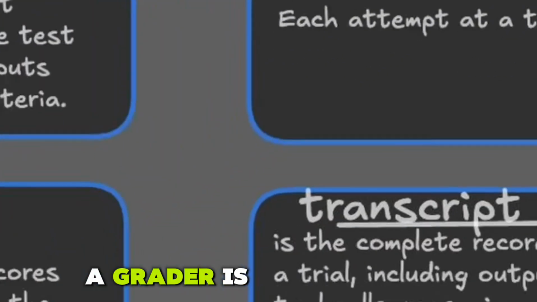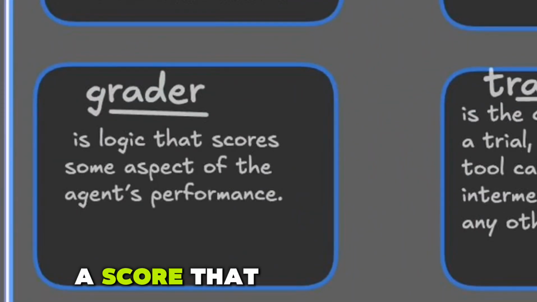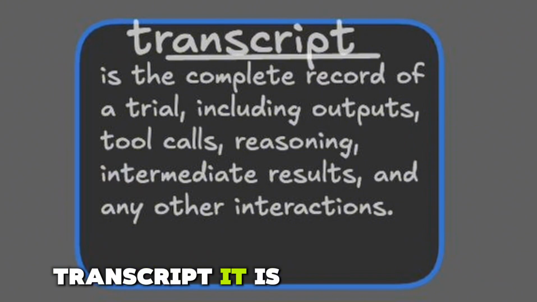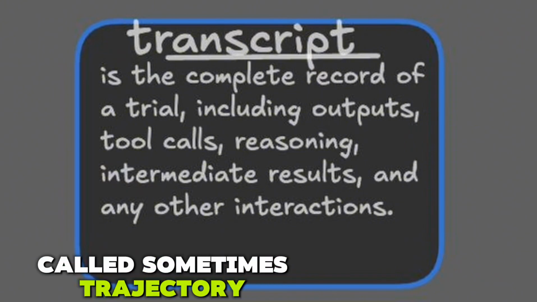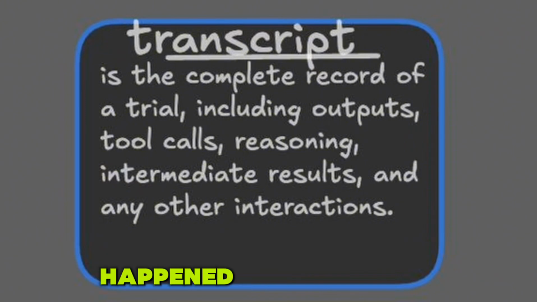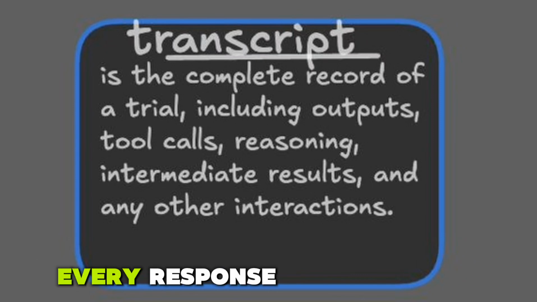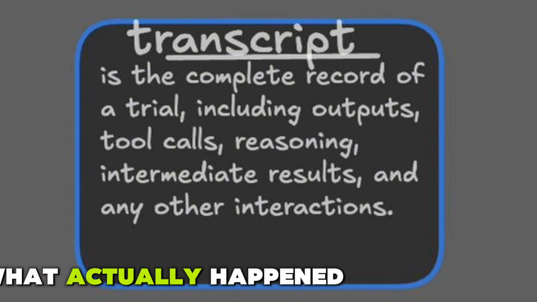And there is a grader, which scores what the agent performs. Think of it as an examiner. There is a transcript, sometimes called a trajectory. It's the complete history of what happened: every tool call, every response, every decision. The outcome is the final result, not what the agent said happened, but what actually happened.